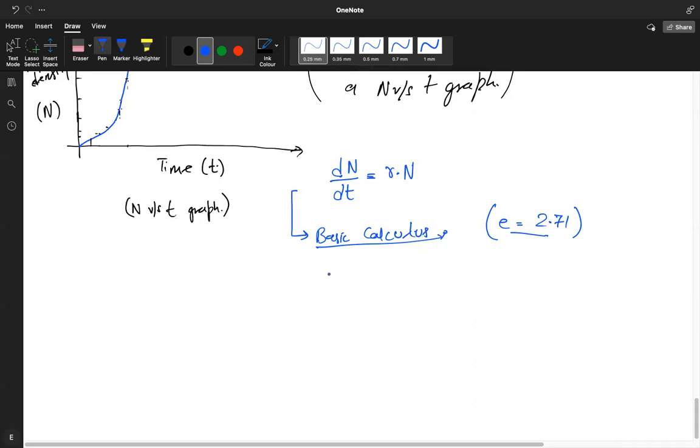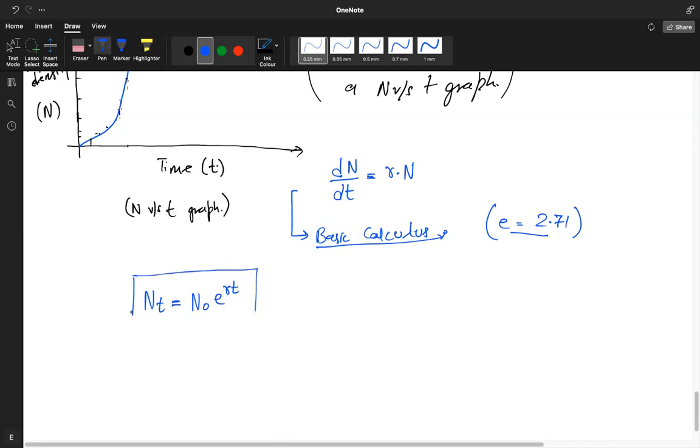If I convert it, where now the parameters will be, I'm taking N t. So N at time t is equal to the initial population, N naught, which is N at time 0, into e raised to the power rt.